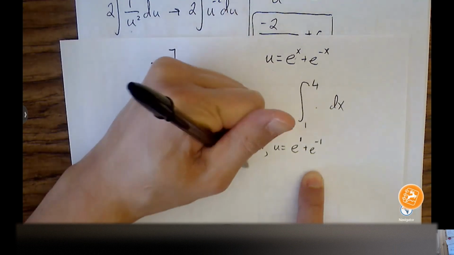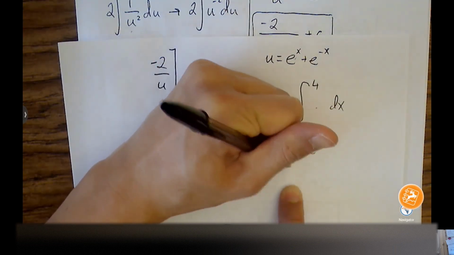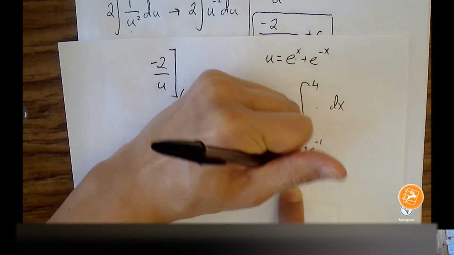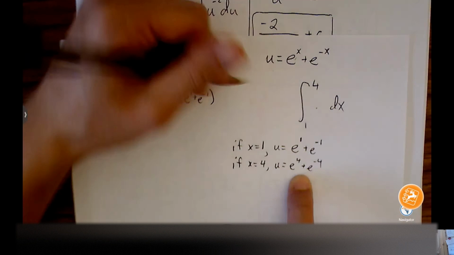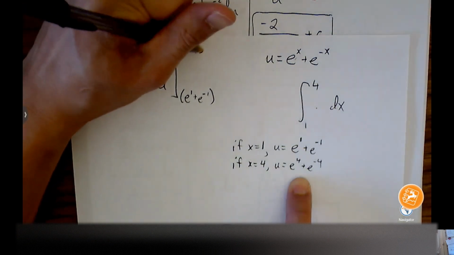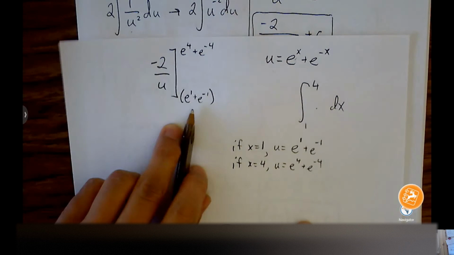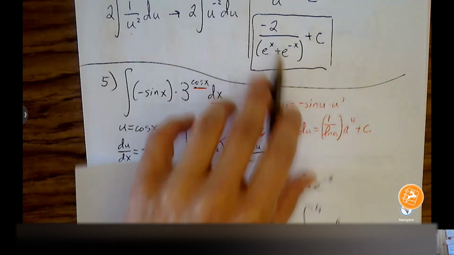So this is how you would do it. If X is equal to 4, then U must be equal to e to the 4th plus e to the -4. So then you put the results of your new upper bound, and then you plug those into the U. There we go. This would end up giving you the same result as if you did it in terms of X.